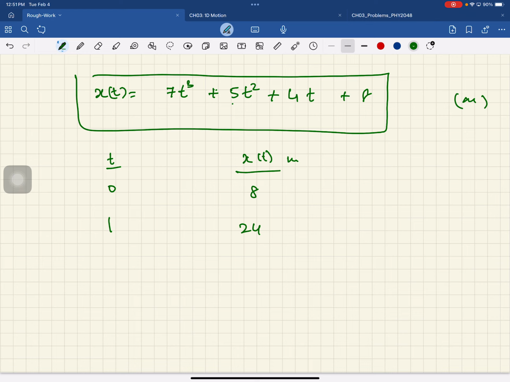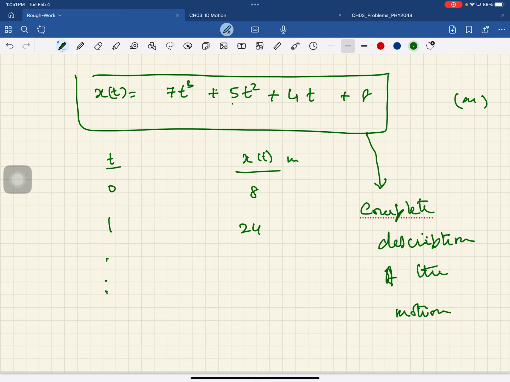All right, you guys understand now? So when you're given the position as a function of time, this is a complete description of the motion. All right, that's in one dimension.